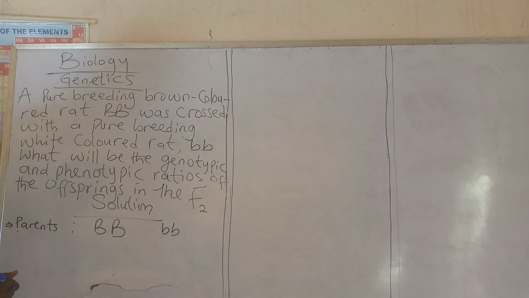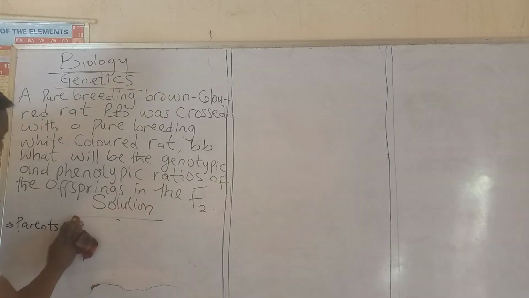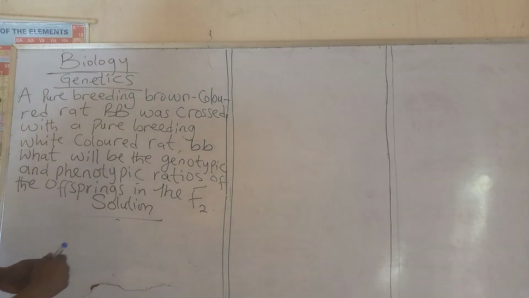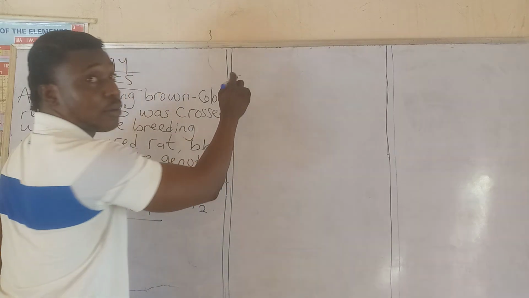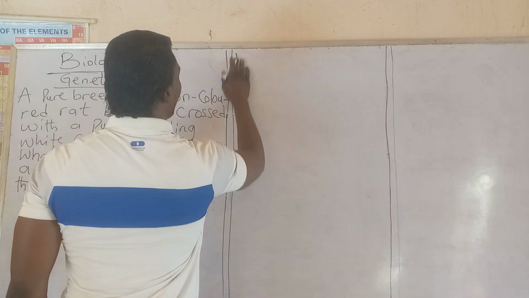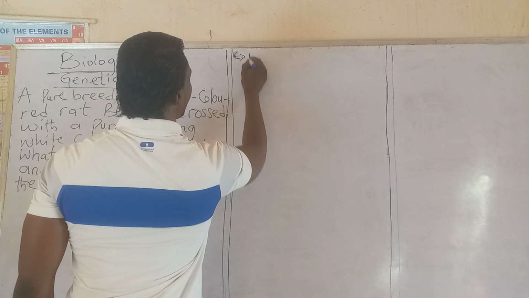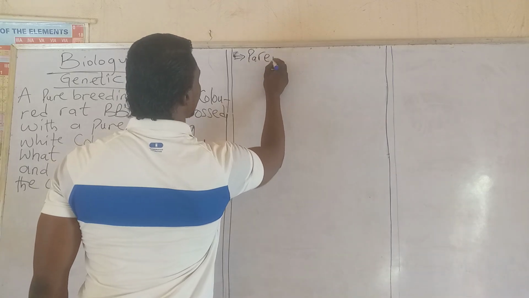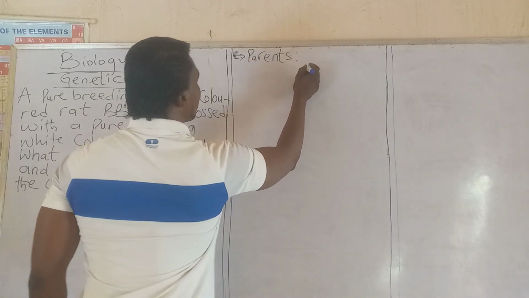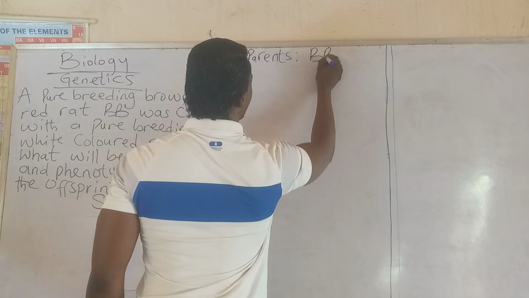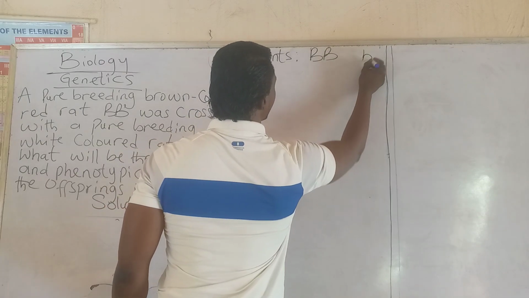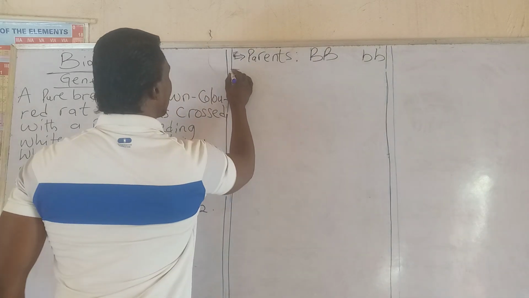Okay, I think it is better I do it here. It will be better here. Parents. So, homozygous dominant, homozygous recessive.